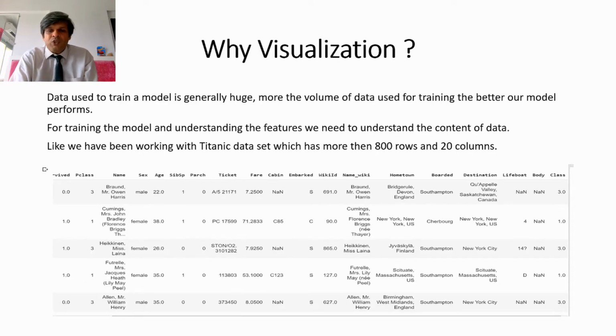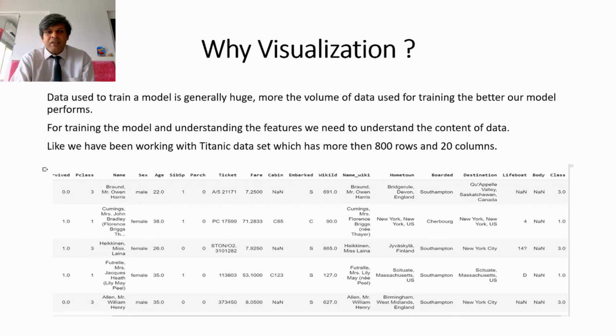So why is visualization of data required? Generally the data which we use to train the model is pretty huge, and the more the volume of data, the better the performance of our model, because it has more instances of examples to train itself, and then our model is better at predicting based on new instances of examples.